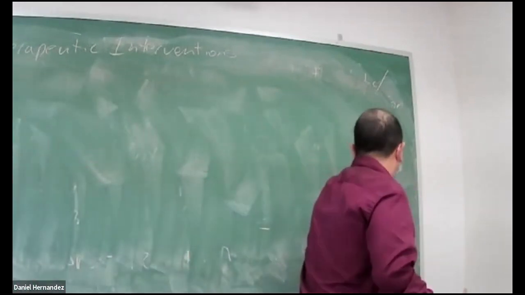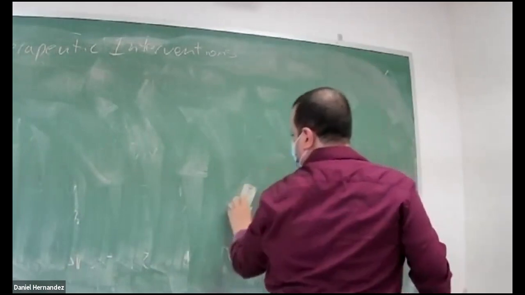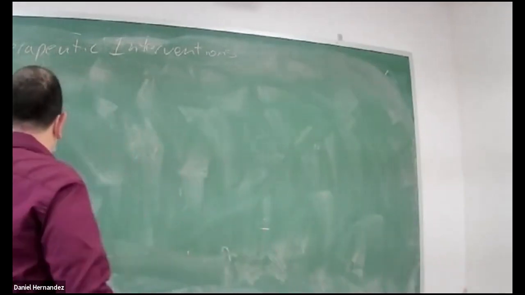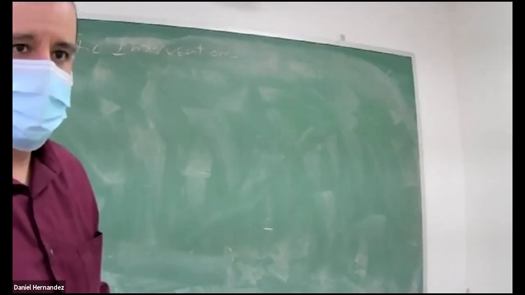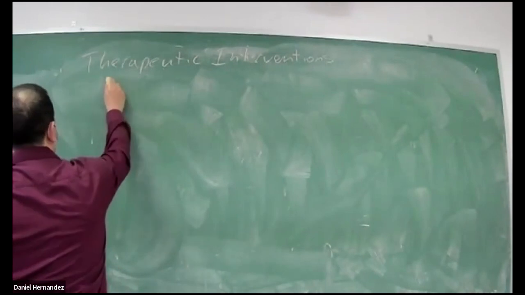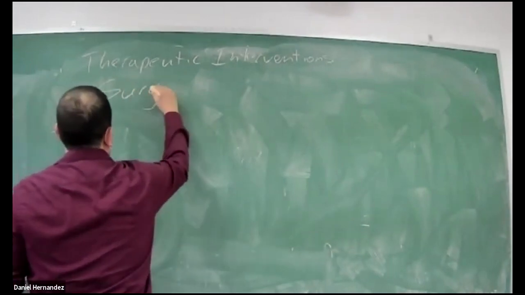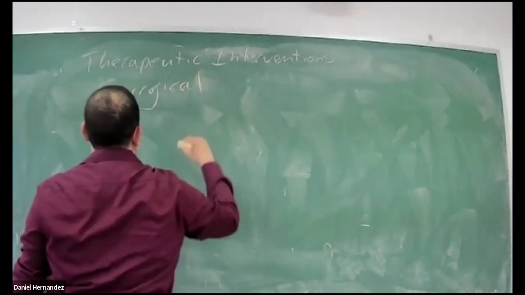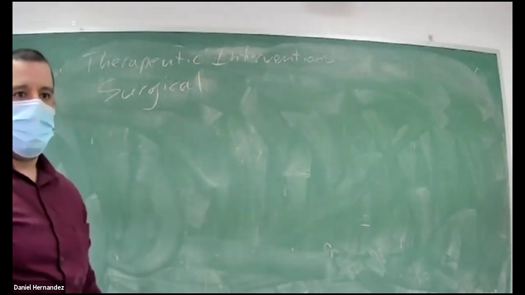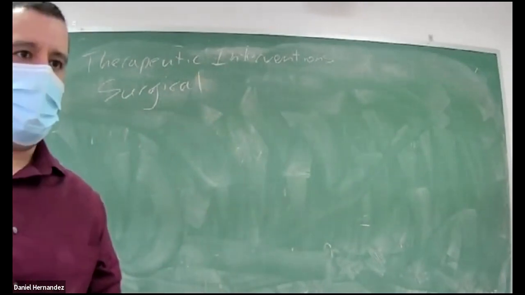So then we have surgical interventions. Our first one is going to be an endarterectomy.